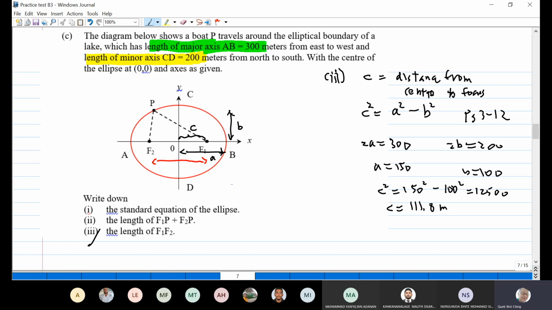You can see from our diagram, F1F2 is just 2 times C. So you multiply 111.8 times 2, you get 224.